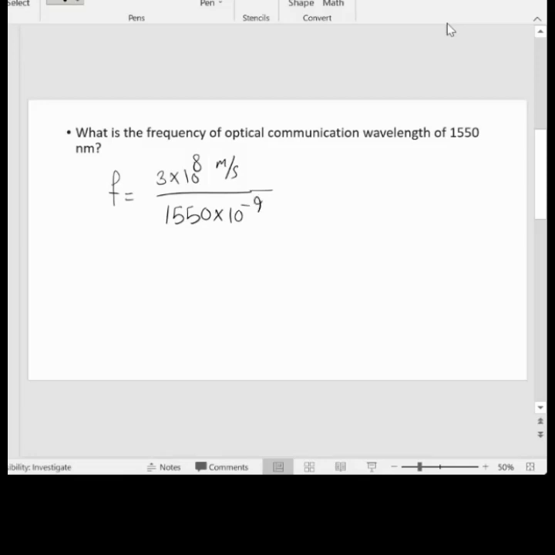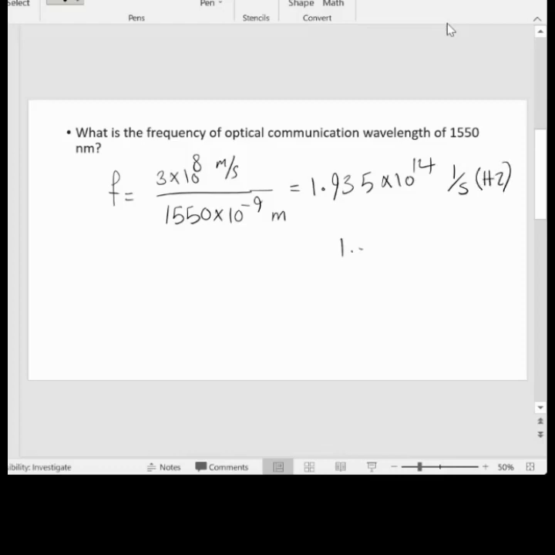So what we have is 1.935 times 10 to the power of 14 1 over second, which is equivalent to hertz.